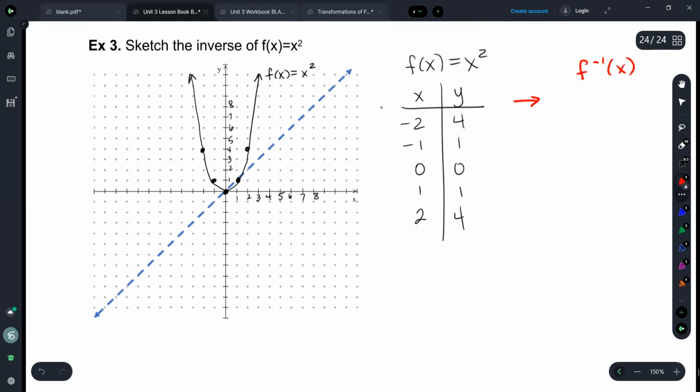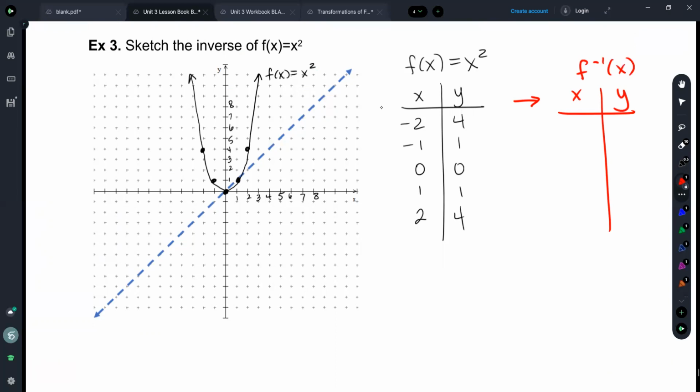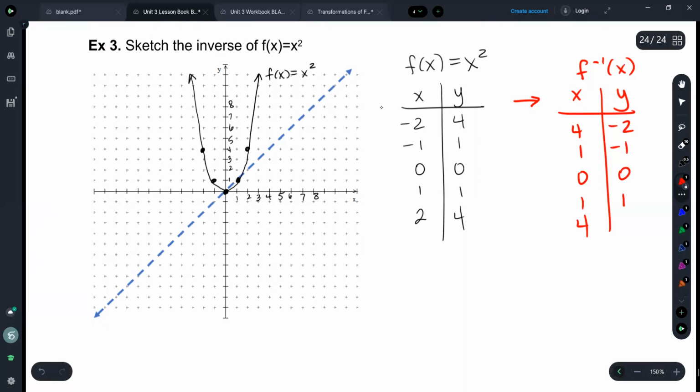Inverse function. I don't even need to find the inverse equation in order to do this. If I have the points of the original, I'm just going to swap them and then I'll have the points of my inverse function. So I'm going to make the x's into the y's and the y's into the x's here, literally just swapping the columns.